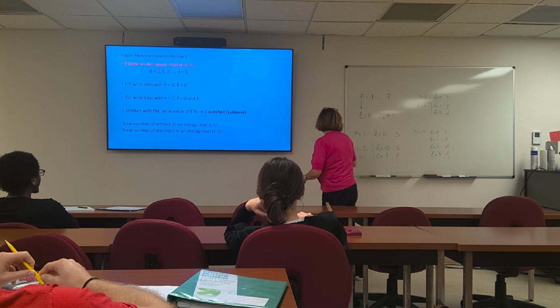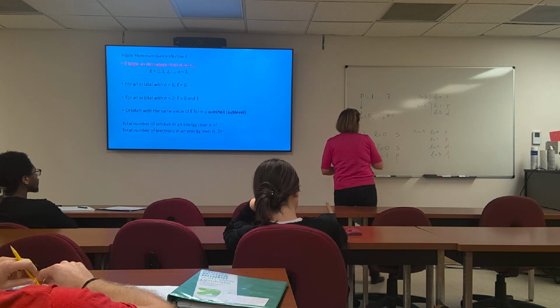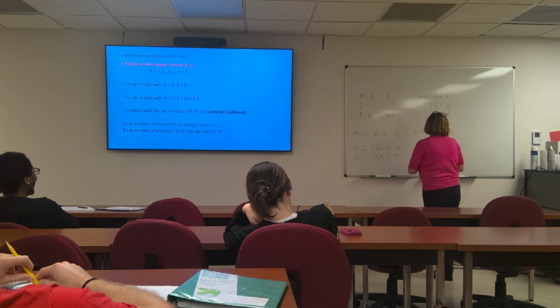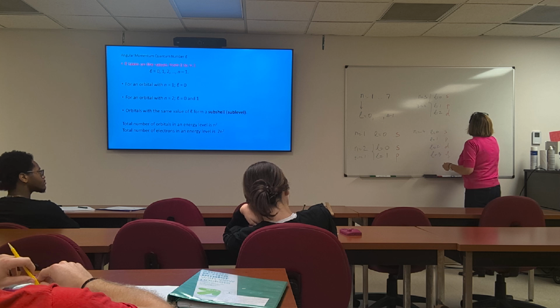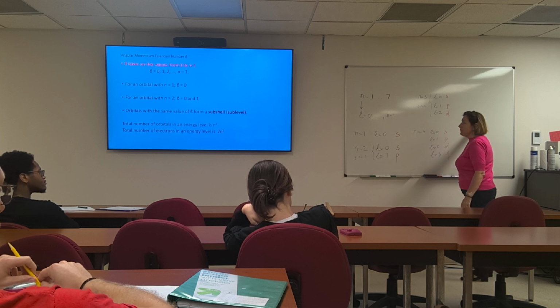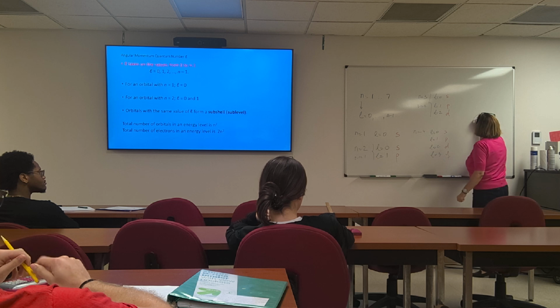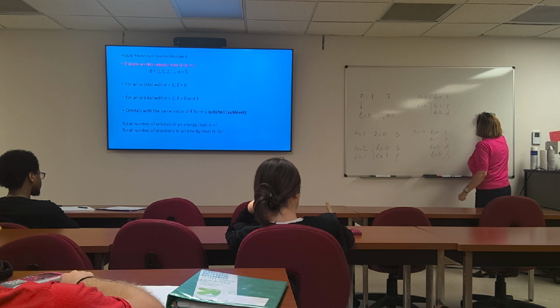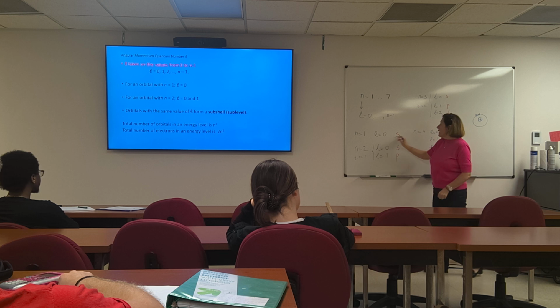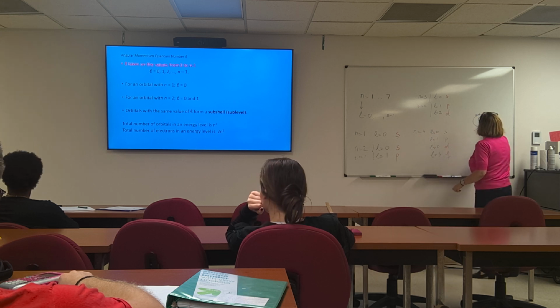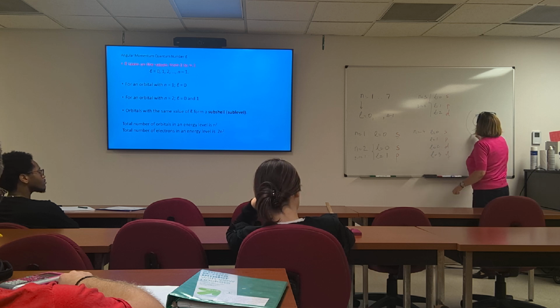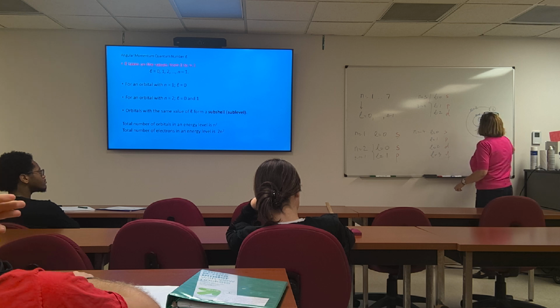Okay, so now let's look at this situation. I'm going to draw a little bit of a chart here. So if I have my nucleus in the middle, and I have energy level number 1, n equals 1, and in energy level number 1, the only type of orbital I have is orbital s. Then on energy level number 2, n equals 2, I can have orbital s, and I can have orbitals p.